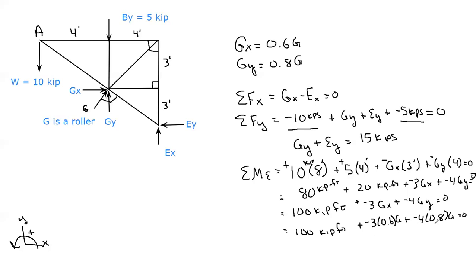Negative 4 times 0.8 is negative 3.2. Negative 3.2 plus negative 1.8 is negative 5. So 0 is equal to 100 kip feet plus negative 5G. Add 5G to both sides: 100 kip feet equals 5G. G is equal to 20 kips.